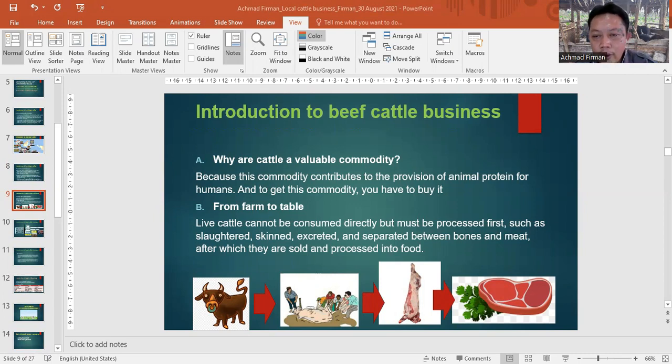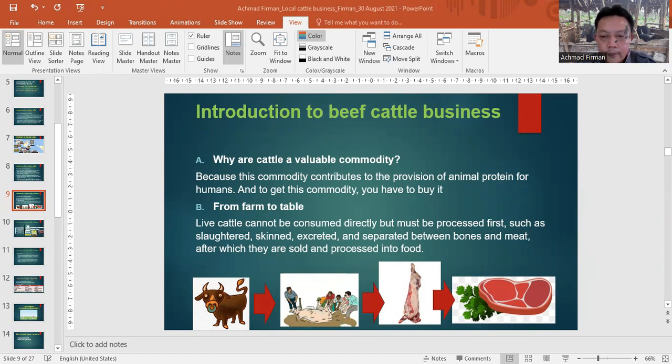Therefore, in order for this product to be on the table, there are several processes that must be carried out first. The first step is to ensure that the cow to be slaughtered is healthy, checked by the medical team.